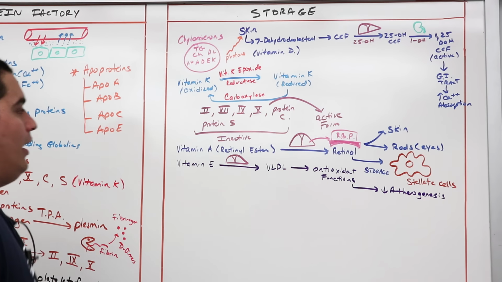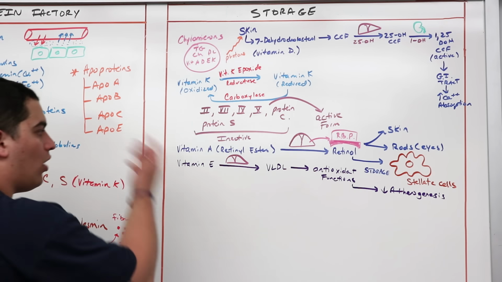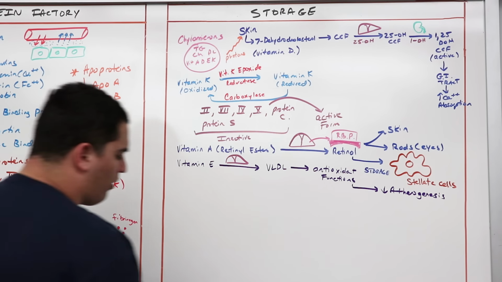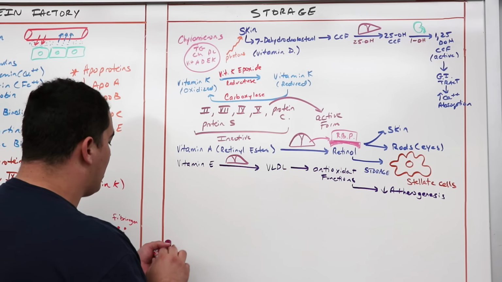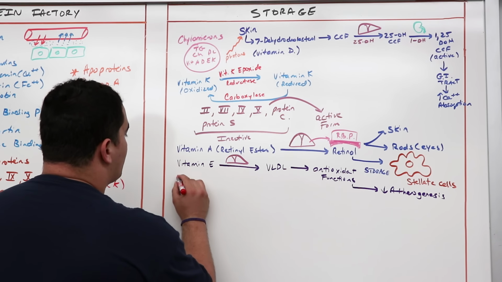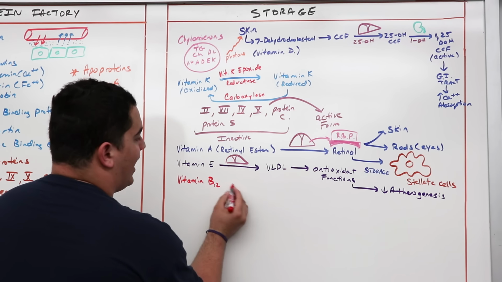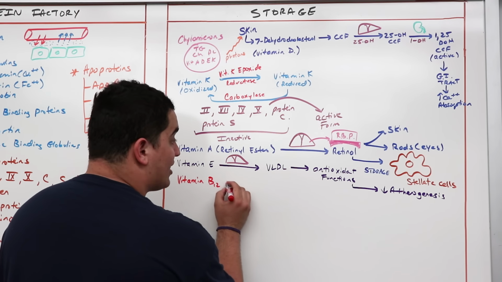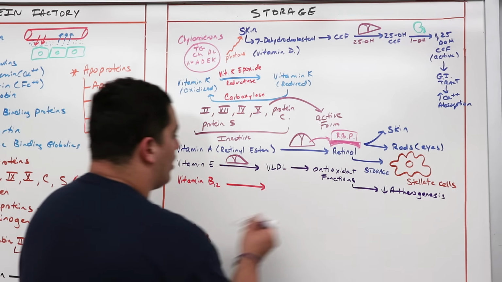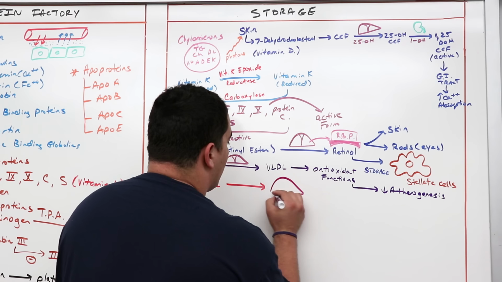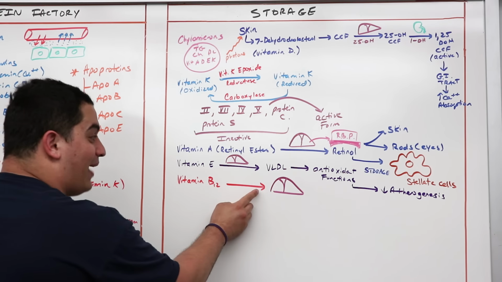Okay. Now for the last one here, vitamin B12. Again, not a lot of stuff to talk about with this one. Just remember that vitamin B12 is transported to the liver, and when it's transported to the liver, it's transported by a specific protein produced by the liver.